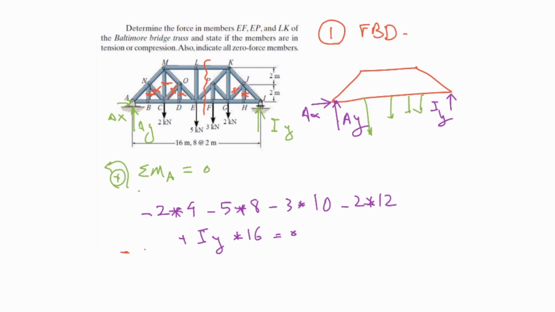That would be minus 8 minus 40 minus 30 minus 24 plus 16 IY equal to 0, and what I get here is 48, 78, minus 24, and that would be 102, negative.